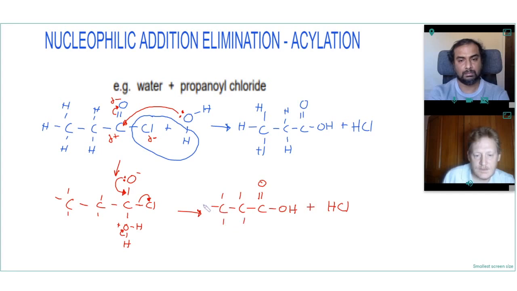So you can see the result of our mechanism matches our balanced equation. We've formed propanoic acid and hydrogen chloride. So in the first stage, the nucleophile adds on, and in the second stage, we eliminate a hydrogen ion and a chloride ion to form HCl.